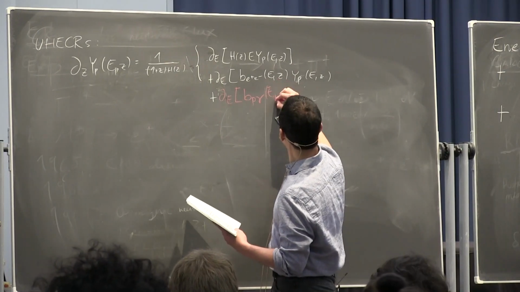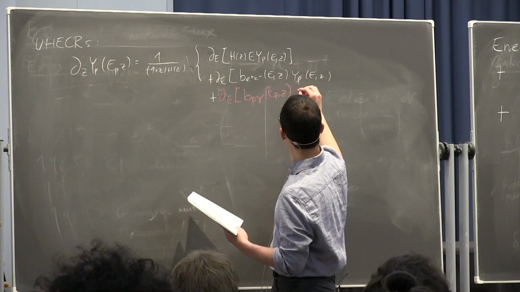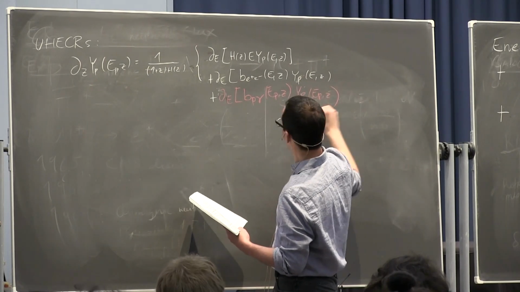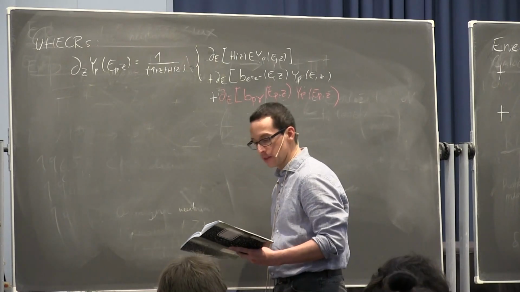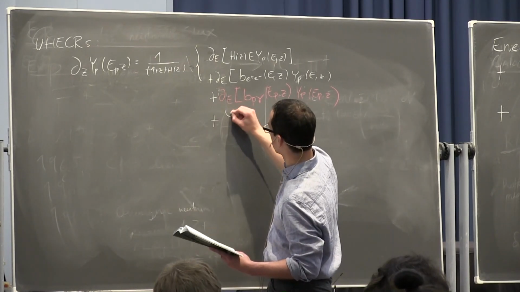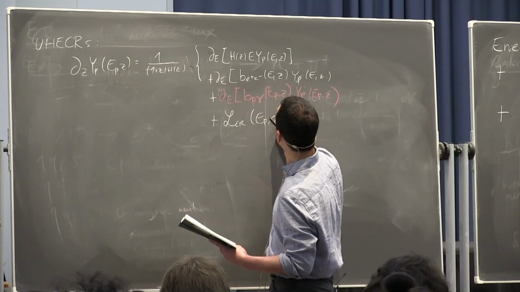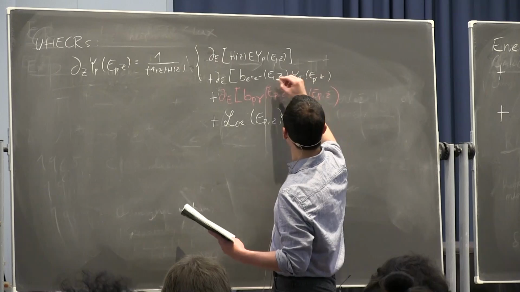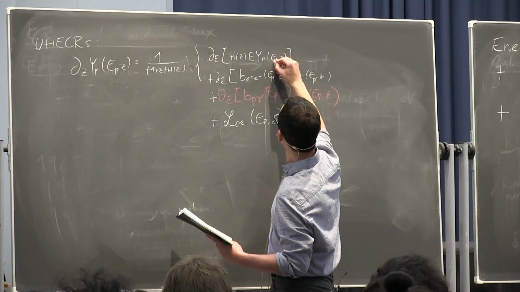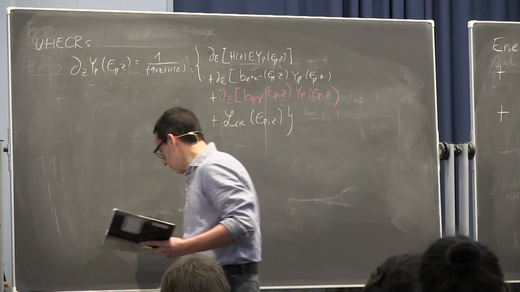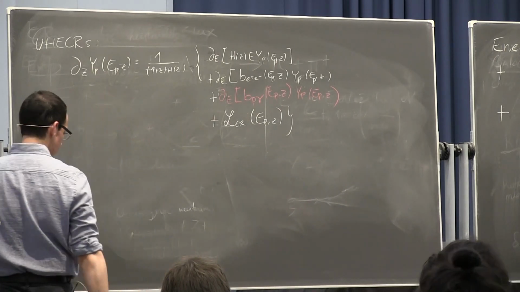And finally, just the injection of the cosmic rays by the sources along the way. I'm missing a P here. Okay, yes, so that's just the same equation I wrote yesterday.